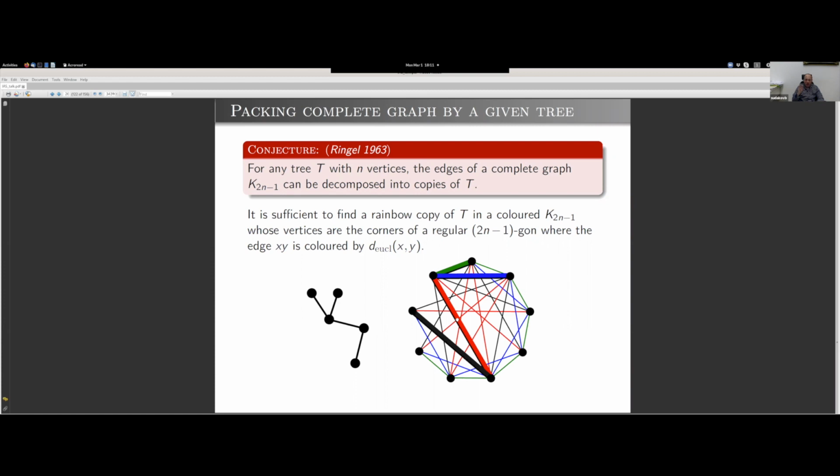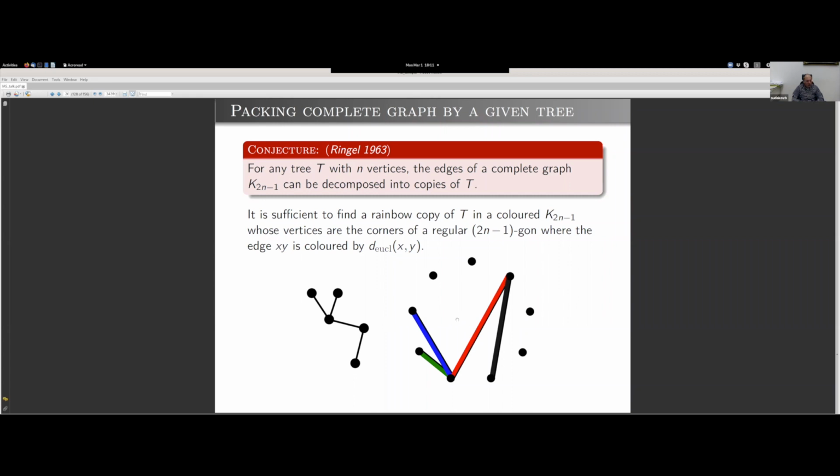And since this happens with all the edges and your tree was rainbow, you get a disjoint collection of trees which cover all the edges exactly once. Is this clear? Right. So in this particular case, we got a really nice application of the fact that we can find one rainbow tree to the packing problem.